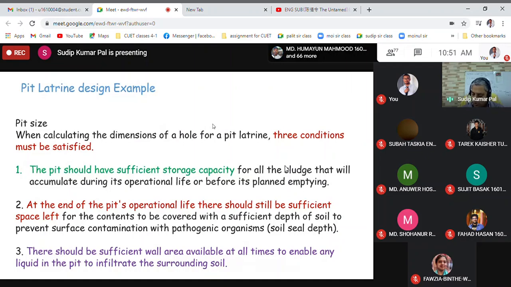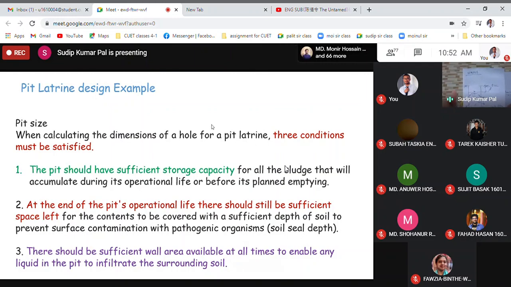The pit has a circumferential area, and that circumferential area basically allows water to infiltrate. I'm just showing you this figure once again. I gave some arrow marks. This arrow mark is basically the wall area available to allow infiltration.